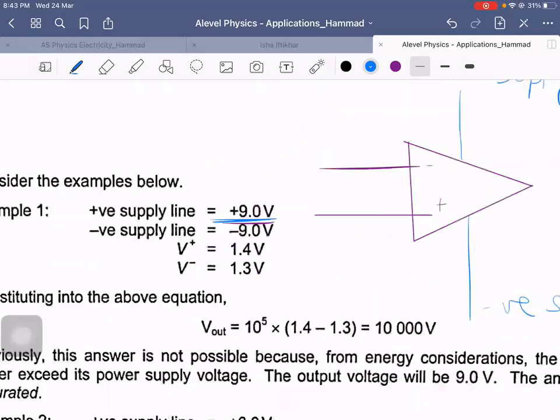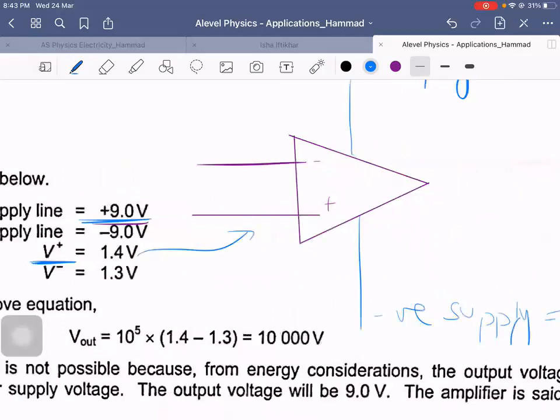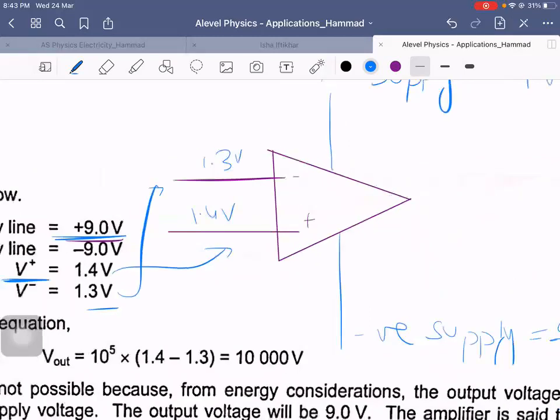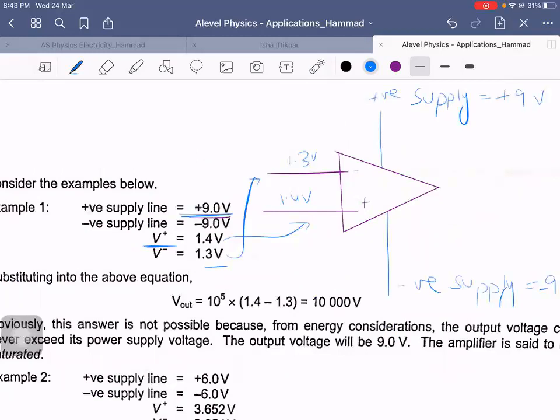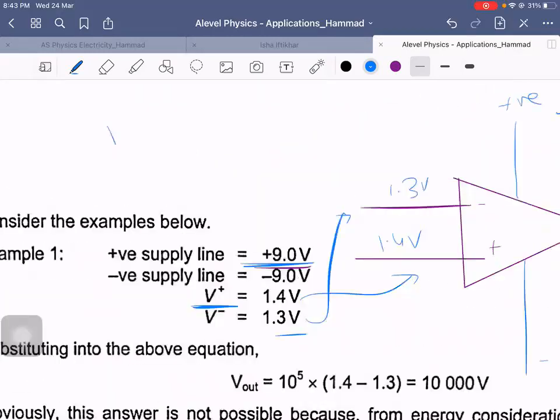Right? Your V plus value was 1.4. Your V minus was 1.3 volts. Now you need to understand something. I'm going to simply go with the formula V output is equal to A naught times (V plus minus V minus).